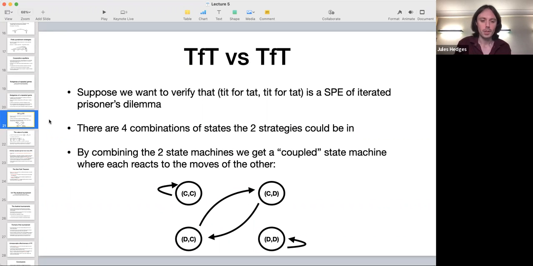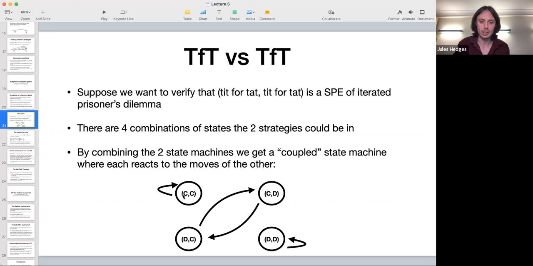Okay, so let's say we want to play tit for tat versus itself. This is a subgame perfect equilibrium of the iterated prisoner's dilemma, as long as the discount factor is high enough. So let's verify this. There are 4 combinations of states, because each of these strategies has 2 states. If we combine these, we get a kind of coupled state machine.